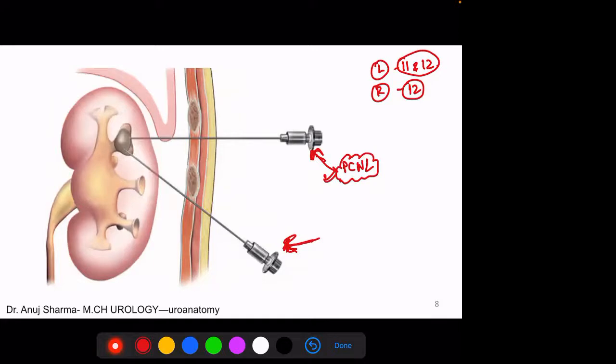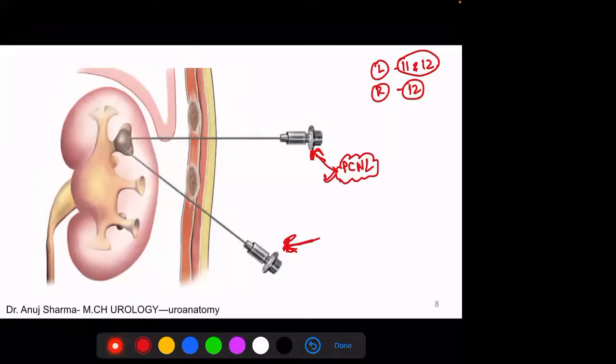Okay, and what we do in the PCNL, we puncture the kidney first, and then we dilate the system over the guide wire, and we enter into the system. So what is the MCQ in this? Remember, when we do the puncture, the ribs are associated and the pleura is also associated.